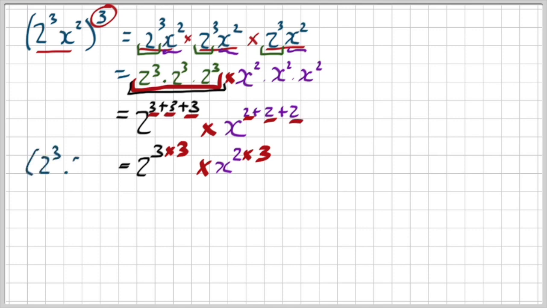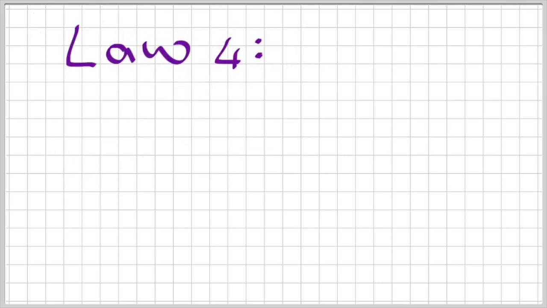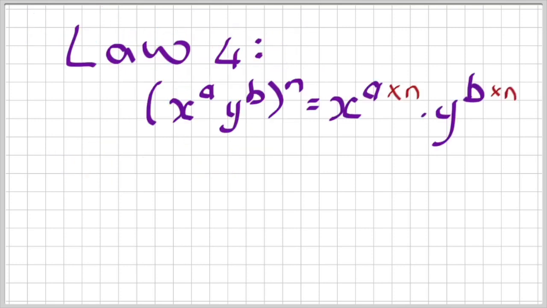But ladies and gentlemen, that would be exactly the same as distributing that 3 into your brackets. And that, ladies and gents, is the shortcut, or law 4, which says, if I have more than one thing, and it also doesn't just have to be 2 things, there could be 3, 4, 5 things that are being multiplied with each other, then I can distribute that n into the exponent.